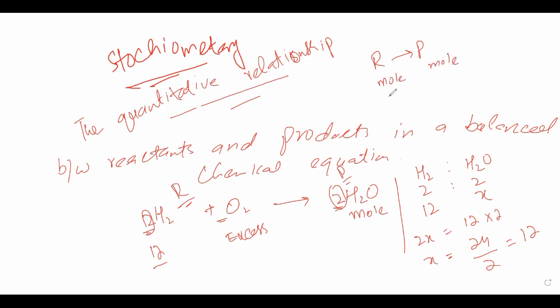In the balanced chemical equation, we can find the number of moles by the ratio method, by comparing the reactant with the reactants, or comparing the reactants with the products. This is clear. Now I tell you some examples.